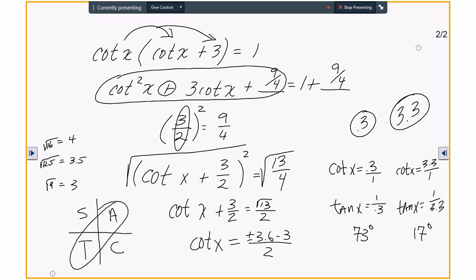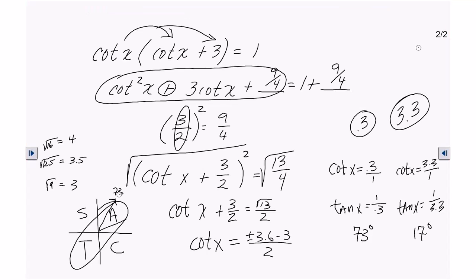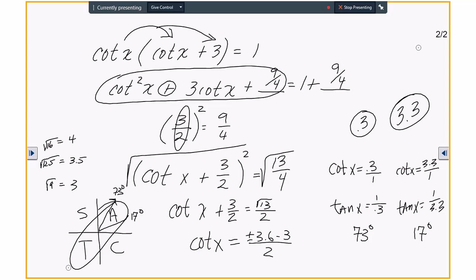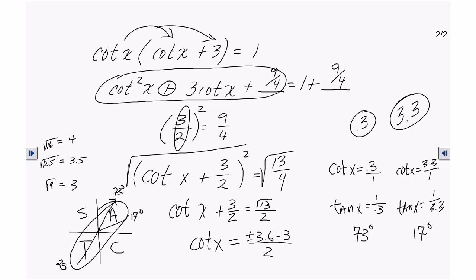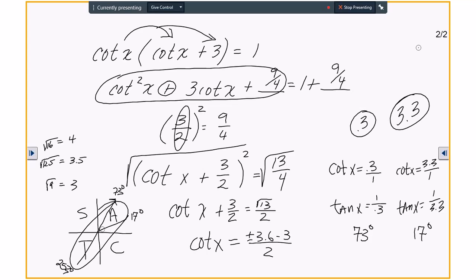So you can add them up. 17 and 73 are in here. 17 degrees, 73 degrees. And then down here, this one would be 180 plus 73, which is what? 253. And then 180 plus 17 is what? 197. And there's your 4 angles.